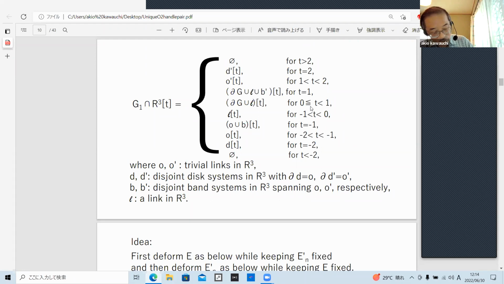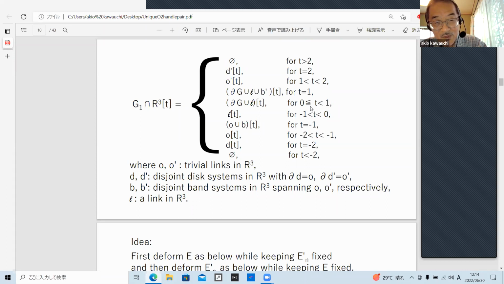At the T equals -2 level, disks are appearing, and just before that a trivial link appears. At the T equals -1 level, a trivial link appears together with a band.